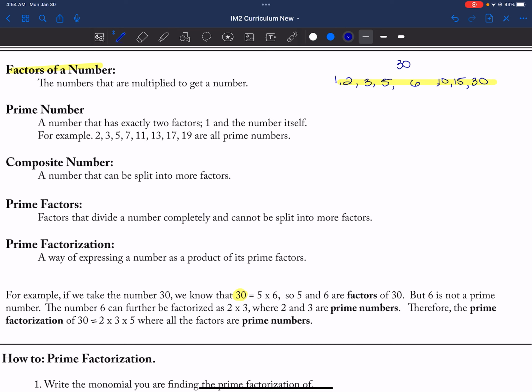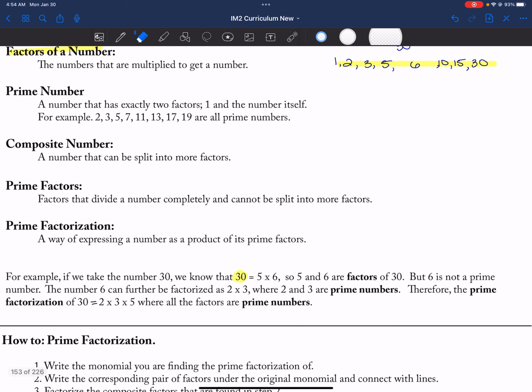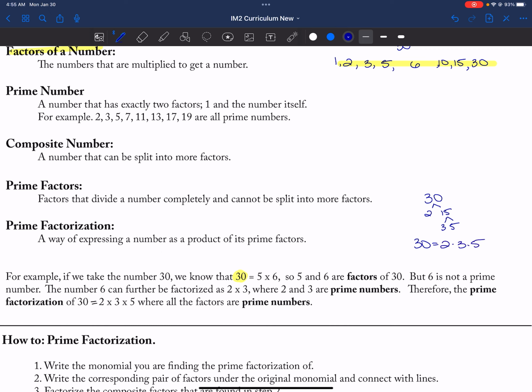Now the prime factorization of 30 is a little bit different, which I have down here. So 30, to find prime factorization, remember we divide, so this is 2 and 15, and then 3 and 5. So the prime factorization of 30 is 2 times 3 times 5.